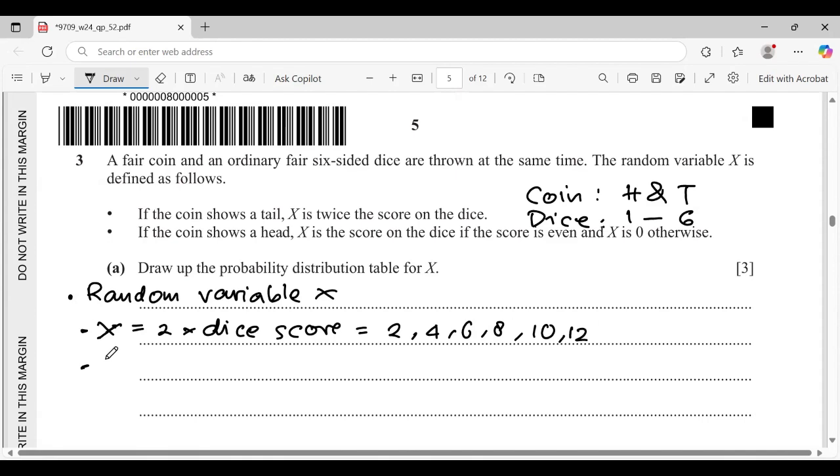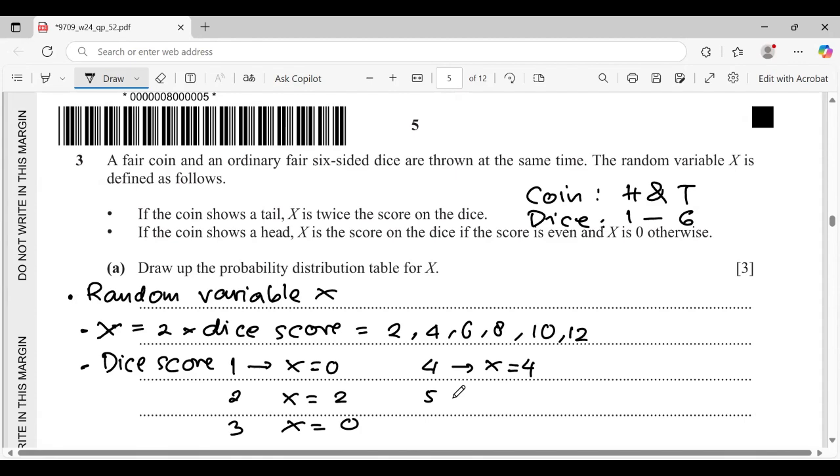It means dice score 1, x equal 0; 2, x equal 2; 3, x equal 0; 4, x equal 4; 5, x equal 0; and 6, x equal 6, according to this information.